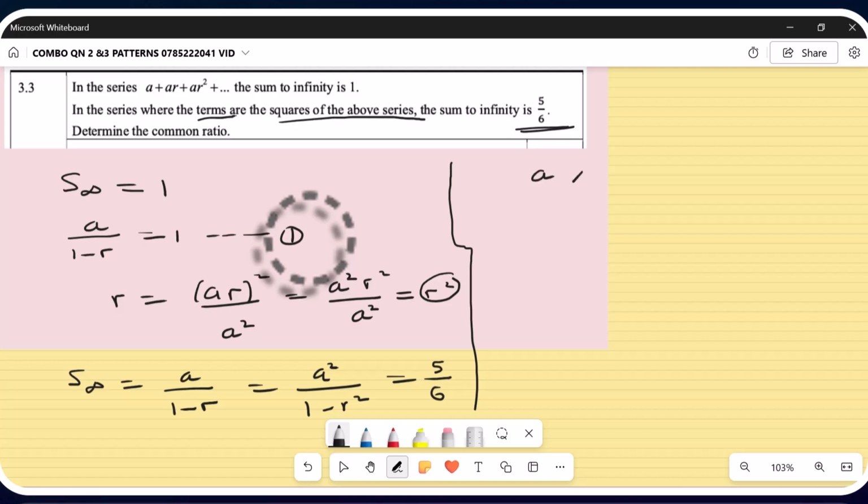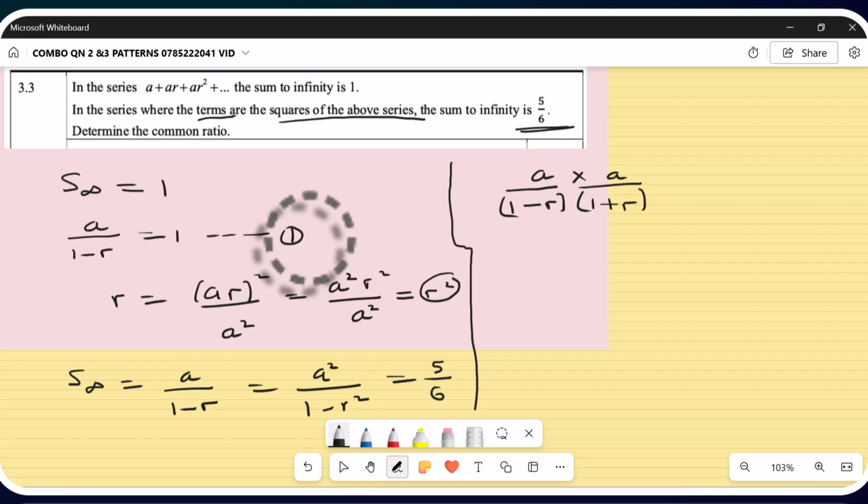Now divide by the 6. So my a equals 5 over 6 plus 5 over 6r, right?